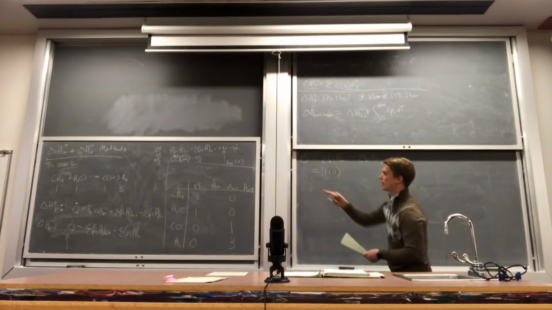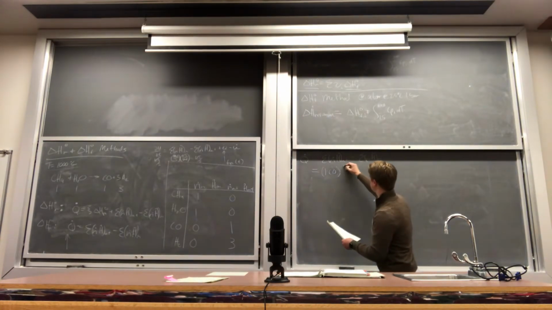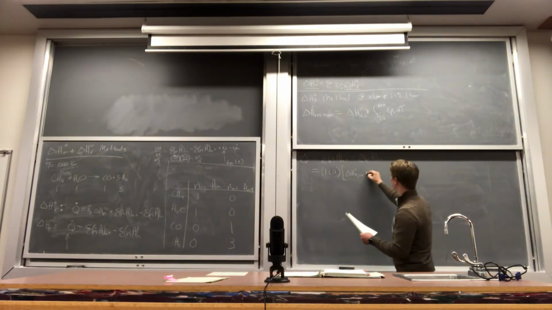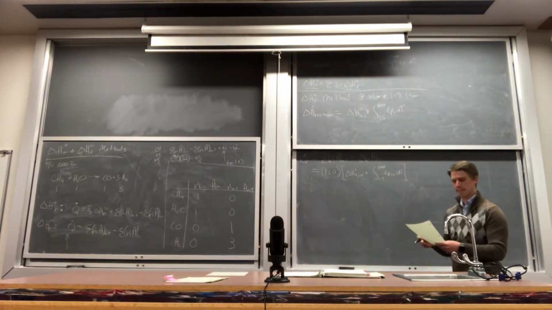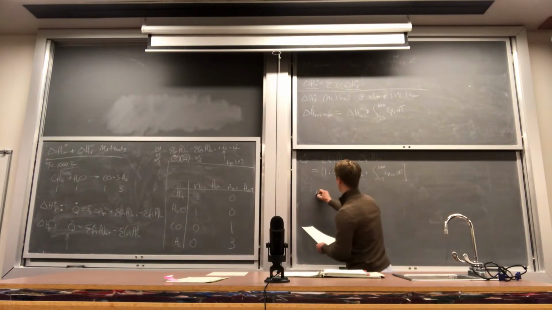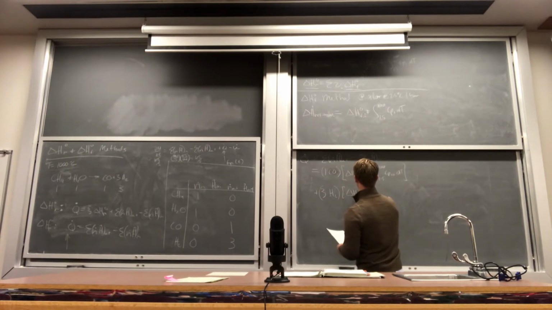Okay, that's our reaction. 1 CO times the heat of formation of CO at the standard state, plus the integration here from 25 to 1,000 of the heat capacity of CO. Plus, we're producing 3 hydrogens. We have a heat of formation of hydrogen gas.